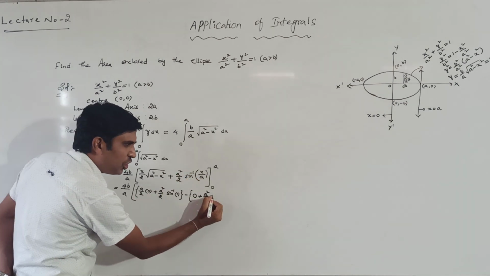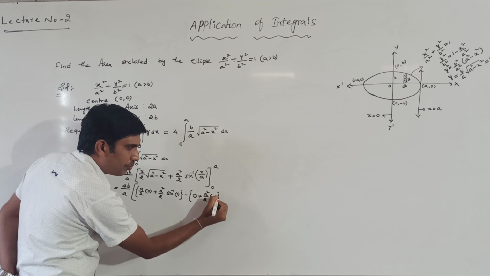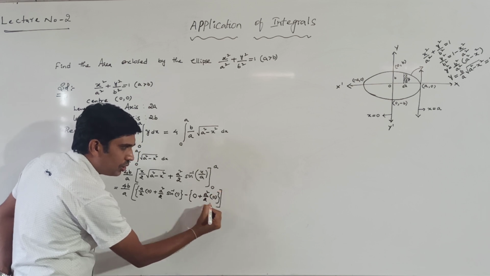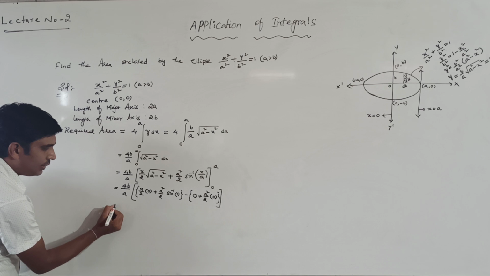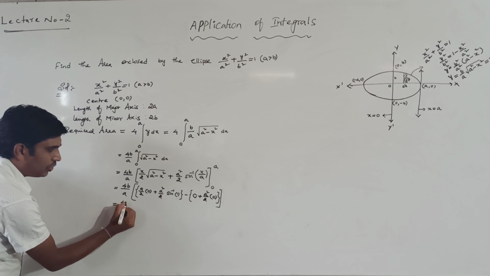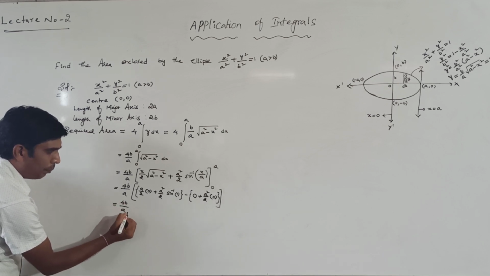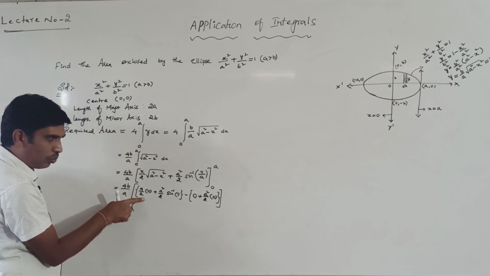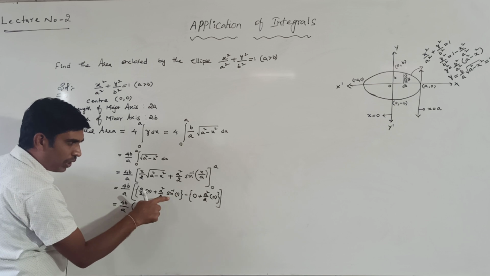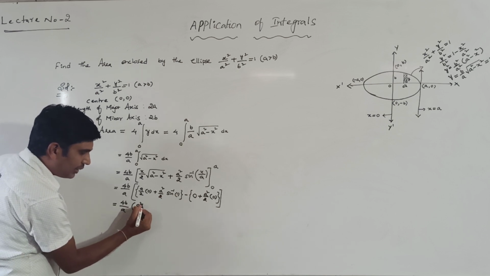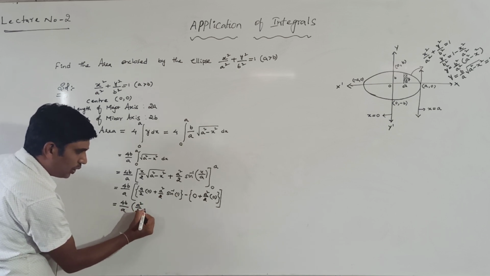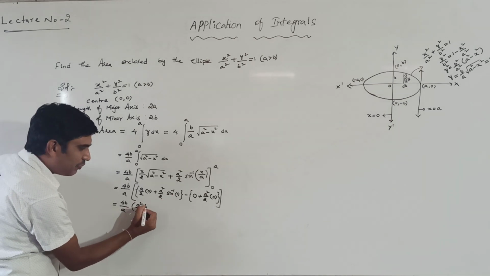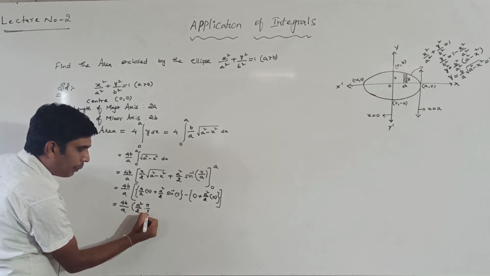Sin inverse of 0, nothing but 0. Close it. Now simplify, we will get 4b by a into, this is 0, this one 0. What remains? a square by 2 into, what is sin inverse 1? Nothing but pi by 2.